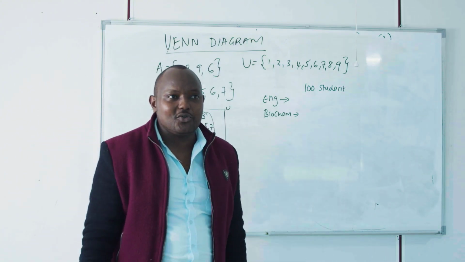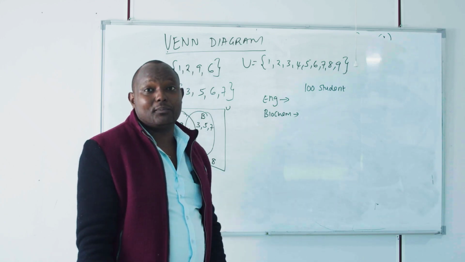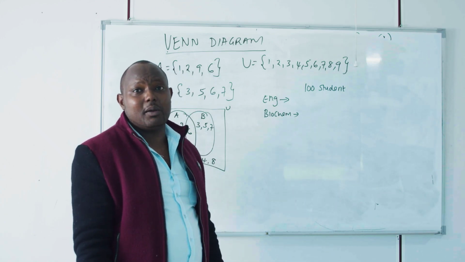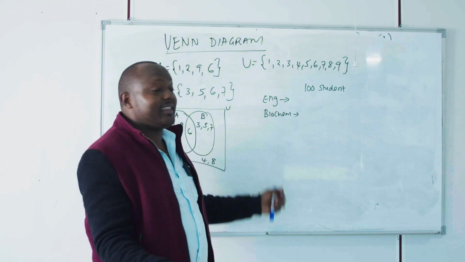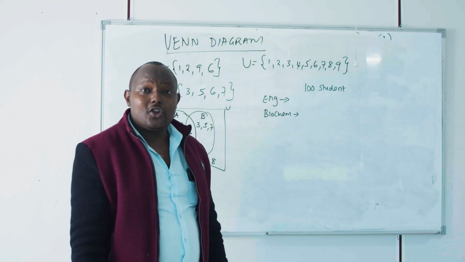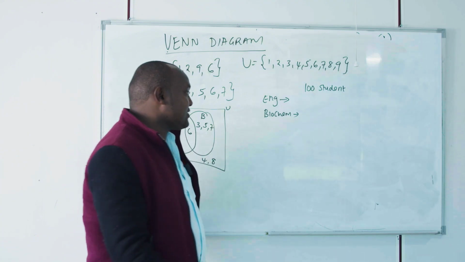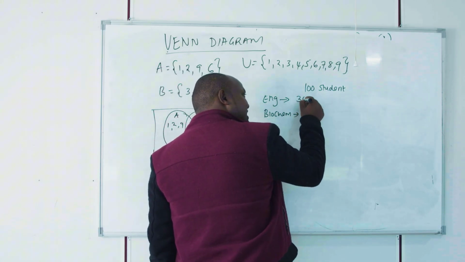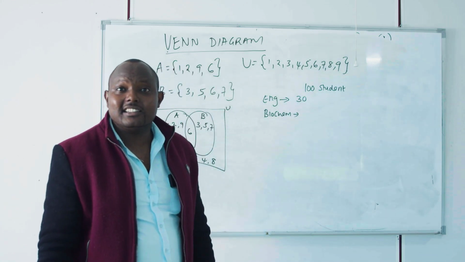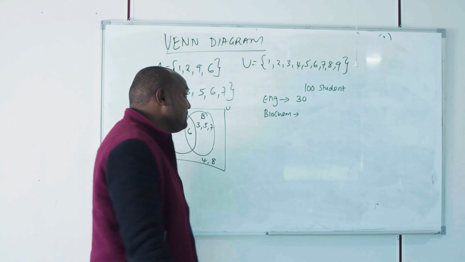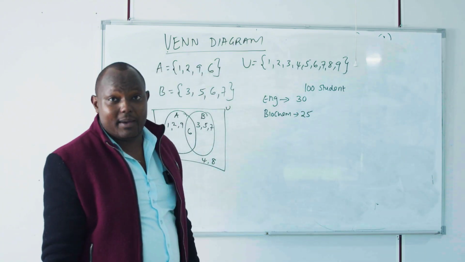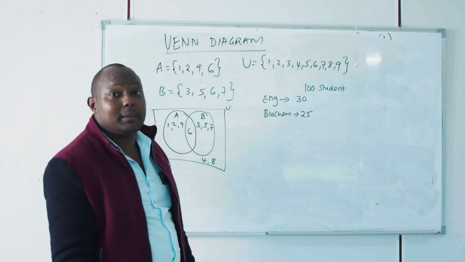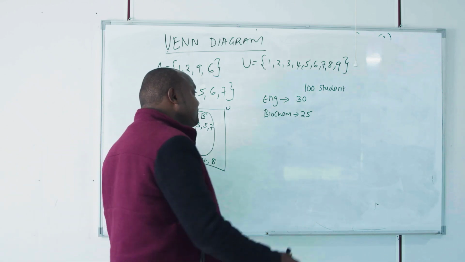But when they are coming, you tell them to choose one of the 2 programs. Either engineering, maybe computer engineering, or biochemical. You realize that some students chose engineering. 25 students chose biochem.